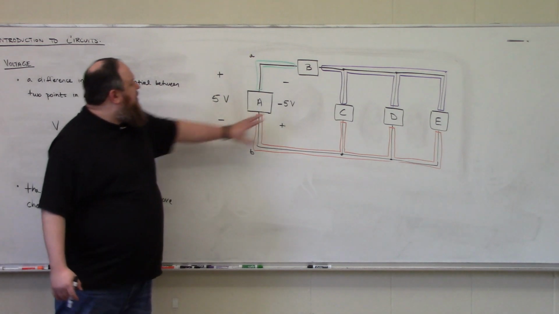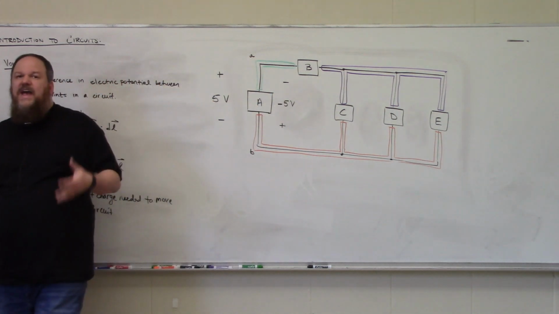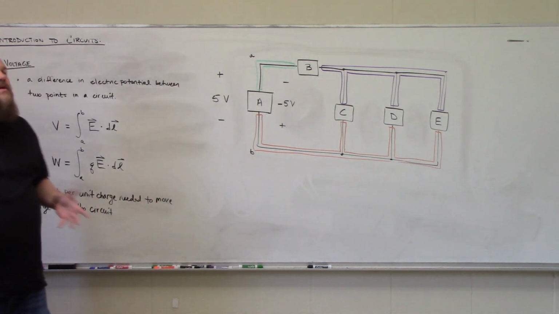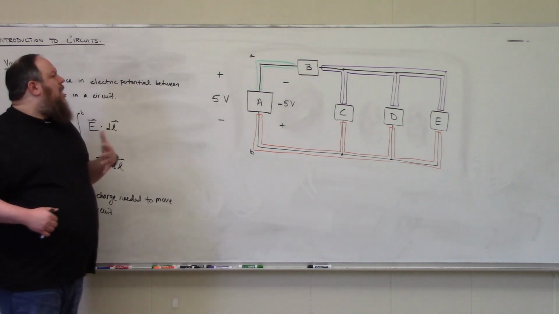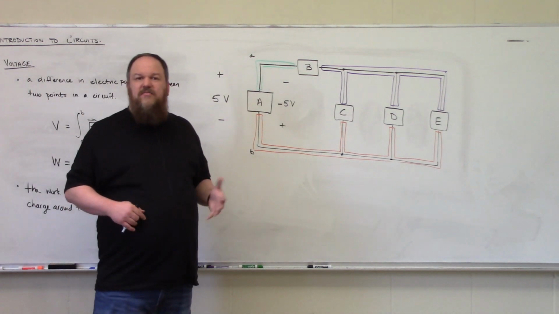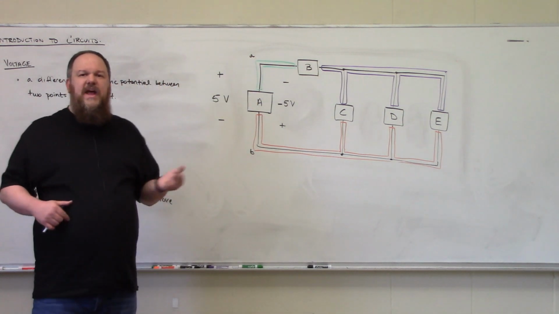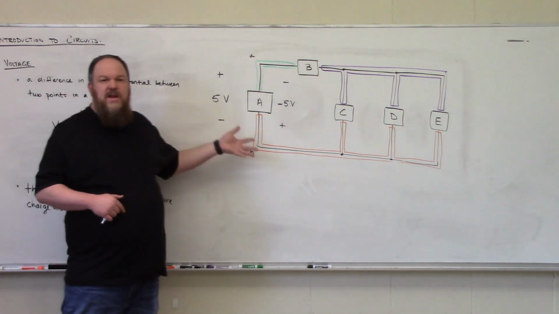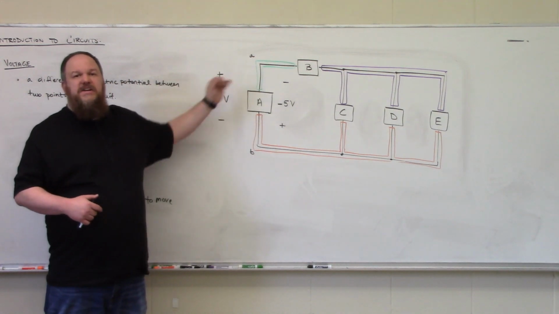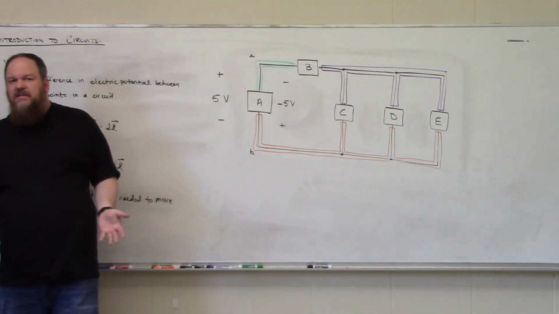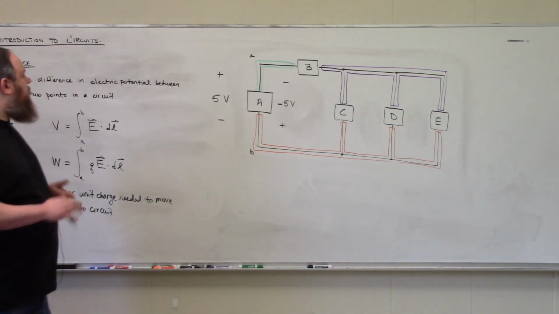So this and this represents the exact same information, okay? So probably your first maybe a couple of weeks of this class, it may be in your best interest anytime you deal with a negative voltage to convert it into a positive voltage by changing the polarity. May make things a little bit easier on you.